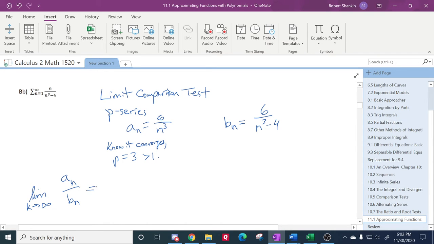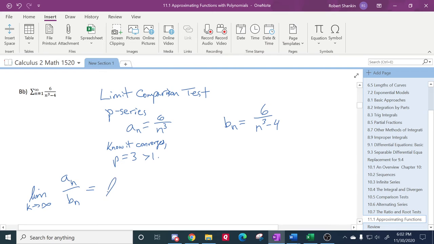And this time we don't have to get it less than 1. We just have to get it not to be 0 and not to be infinity. If it's anywhere not 0 or not infinity, then these two things have to converge or diverge together. And this one converges, so we'll get that one to converge.